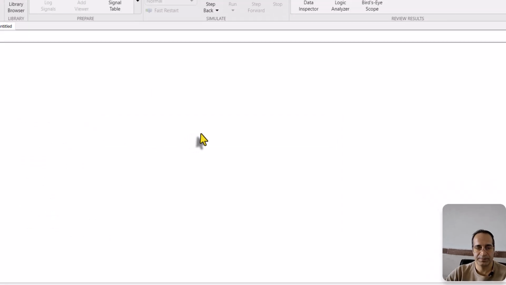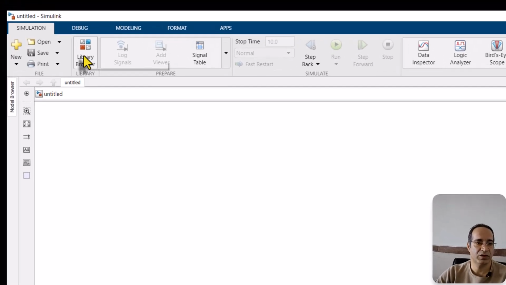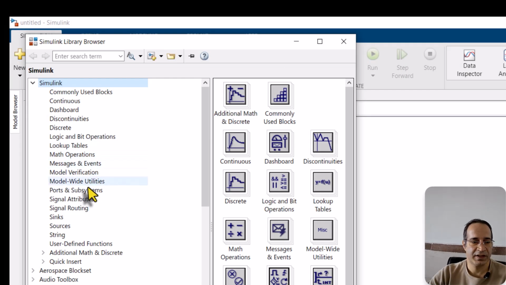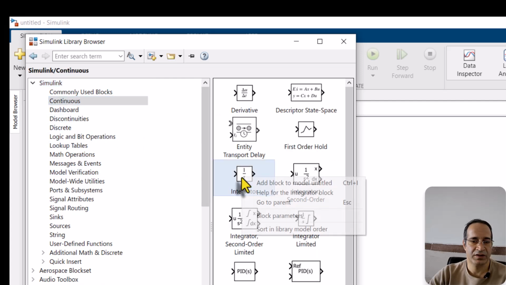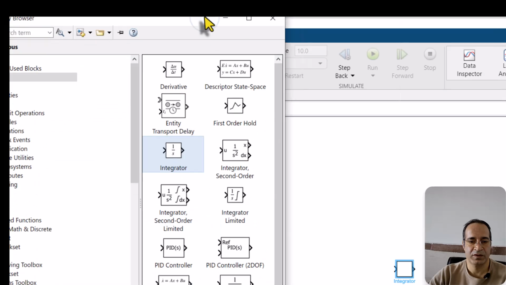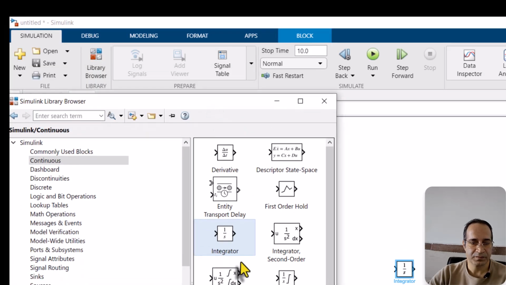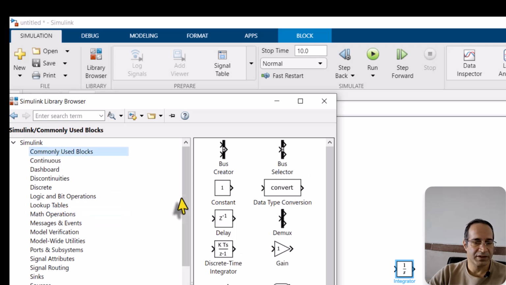Integrator is used here. It doesn't work, so let's go to library browser and find integration over here, add to untitled model. Okay, it added over here. Commonly used blocks.